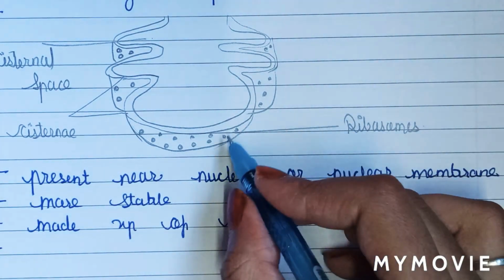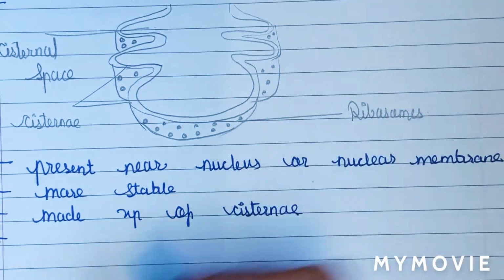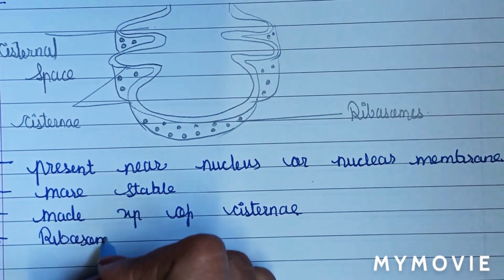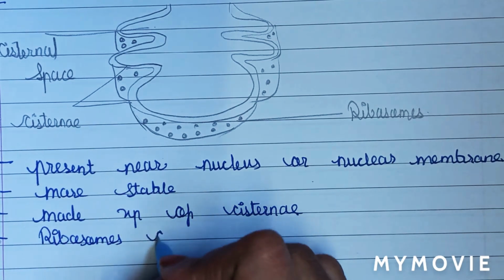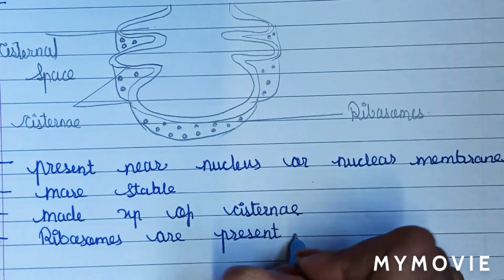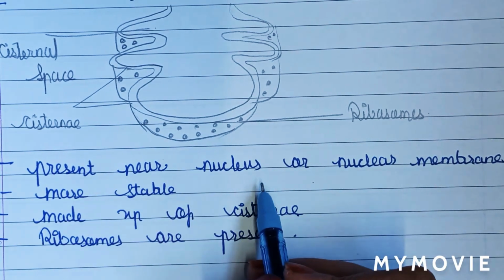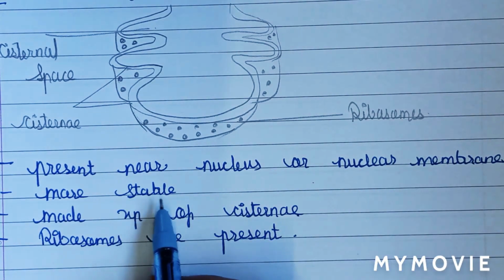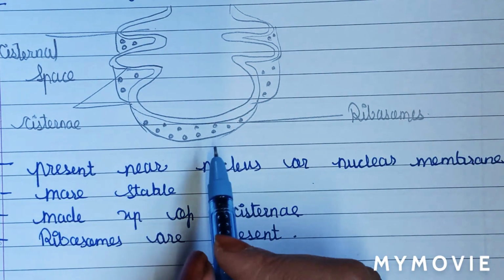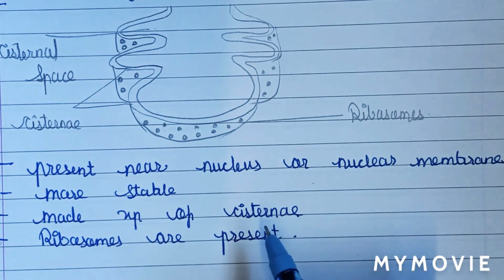And you can see ribosomes are present. So we will write the point, ribosomes are present. Rough ER is present near the nucleus or nuclear membrane, more stable than the smooth endoplasmic reticulum, made up of cisternae, and ribosomes are present.